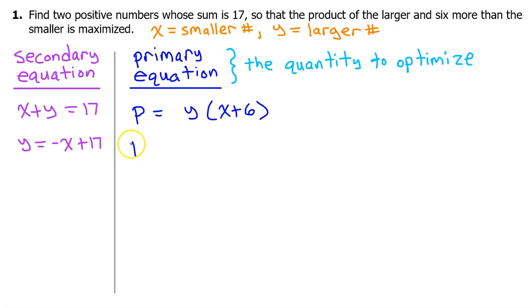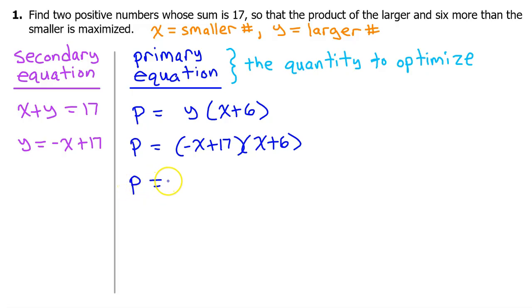So we have p is equal to negative x plus 17 times x plus 6. Now I don't feel like doing the product rule, so I would rather rewrite this by foiling this out. Let's do the double distributive property to get rid of the parentheses.